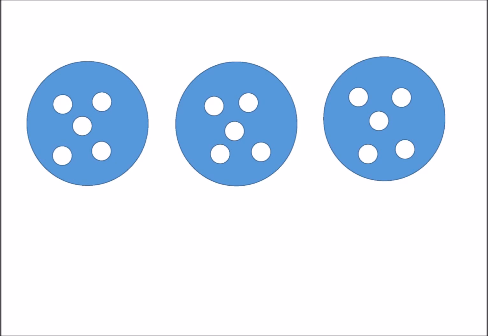Excellent. How else could we work out how many we have all together? That's right, we could use doubles. So we could do 2, 4, 6, 8, 10, 12, 14, and then add one more, 15.